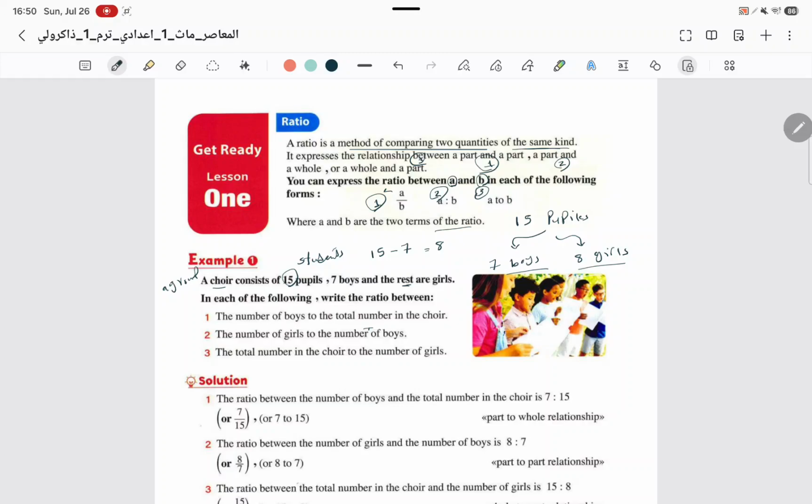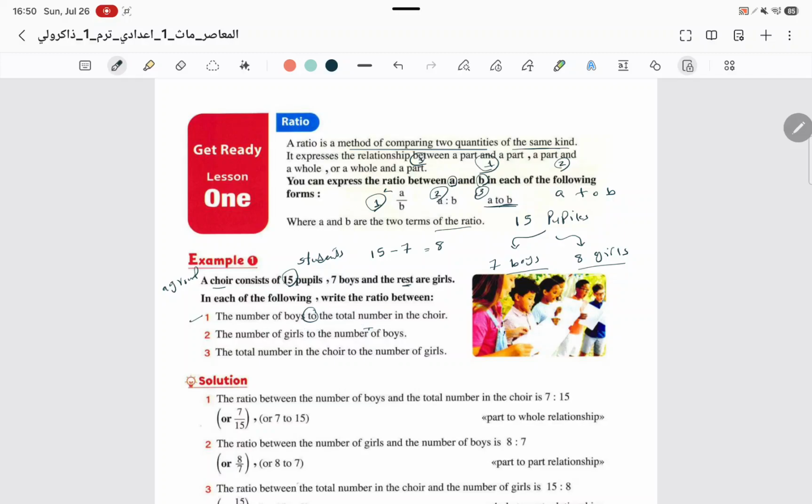In each of the following, write the ratio between the first one, the number of boys, to the total number in the choir. In this form, we can write a ratio like this, A to B. So we will write the number of the boys and the total number of the choir.